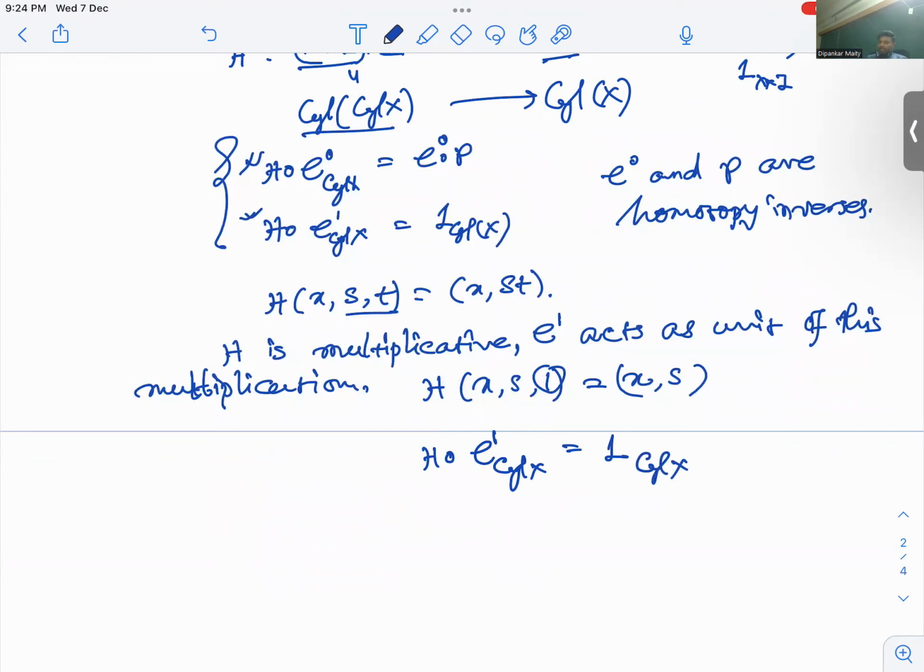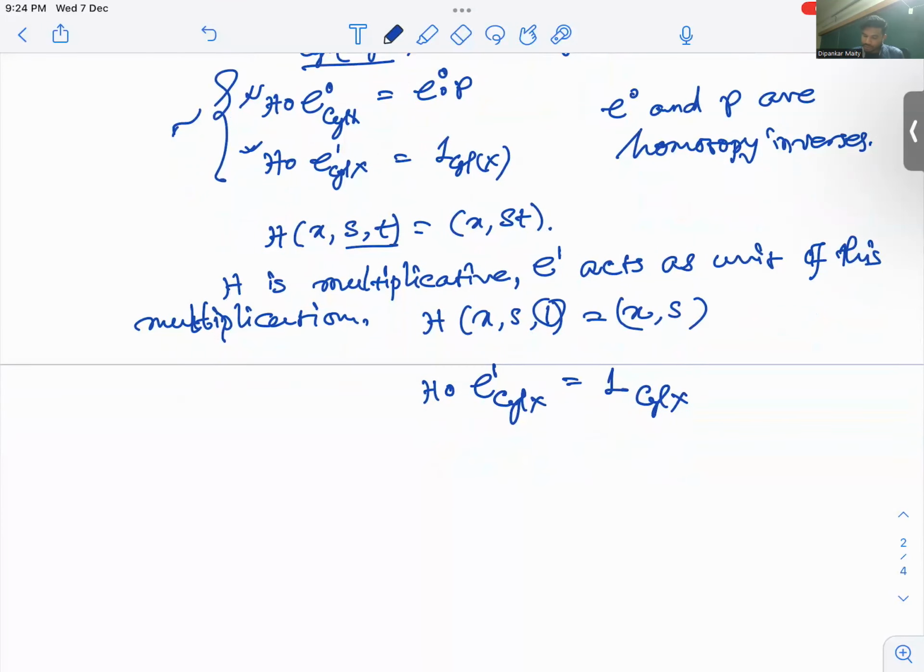So the point is that this is not really enough to say that a cylinder structure on a category is compatible. One should rather require something called a monad structure to make sure that the corresponding homotopy is multiplicative, or of a much more algebraic nature, and that this right-hand inclusion acts as a unit.